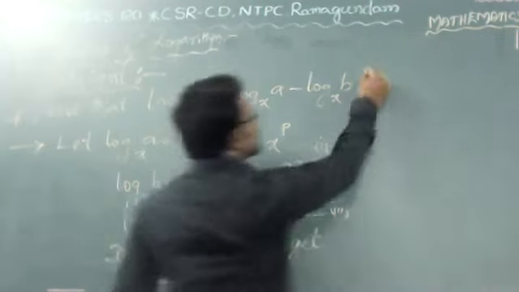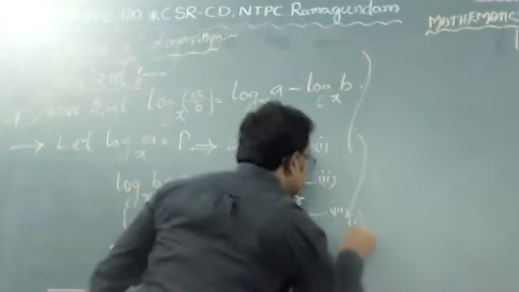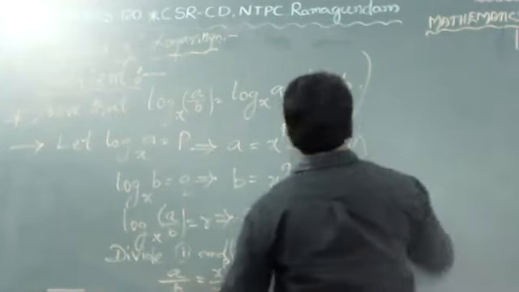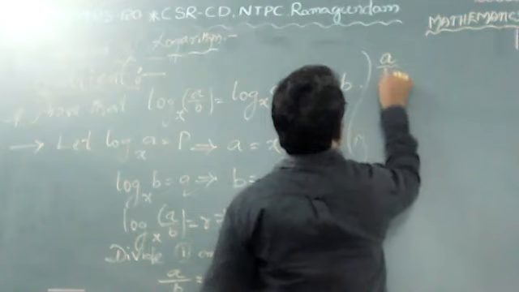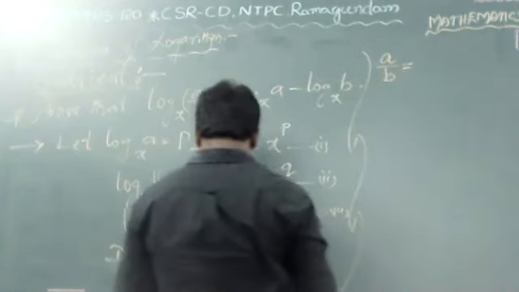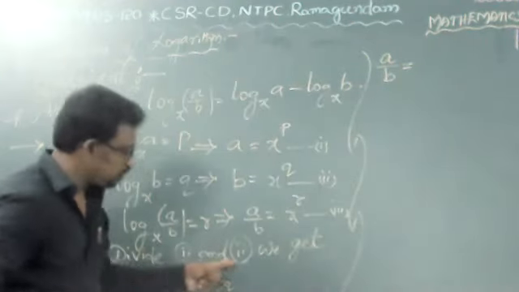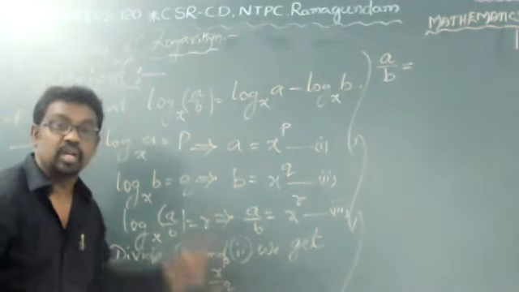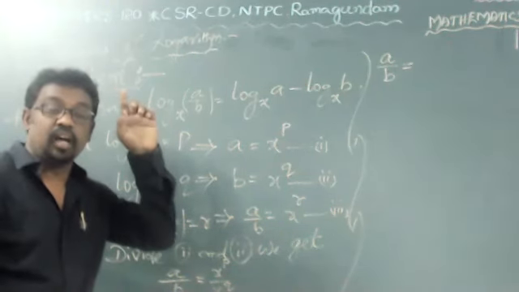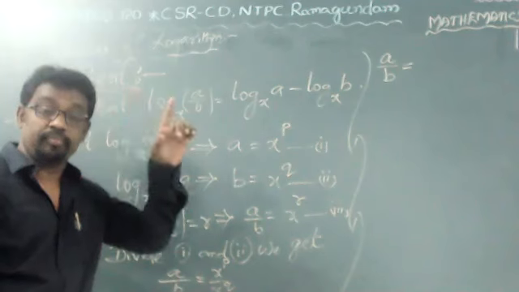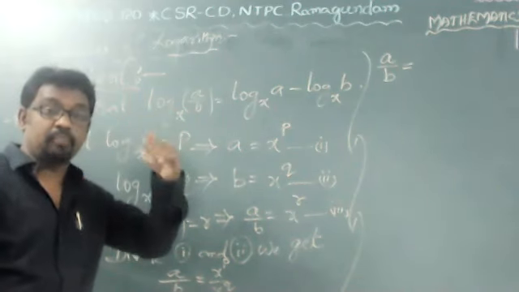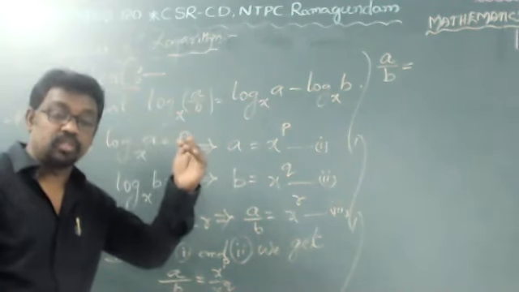Now, what is the next step you get here? Since this is an exponential form, a power m by a power n, what is the RHS of that one?